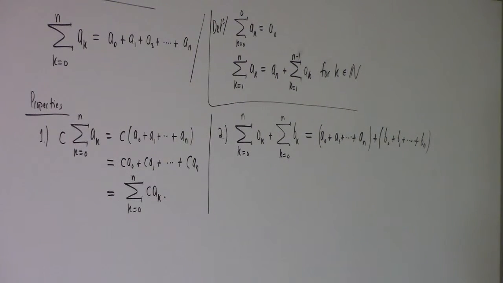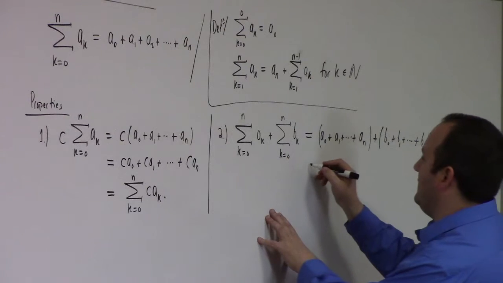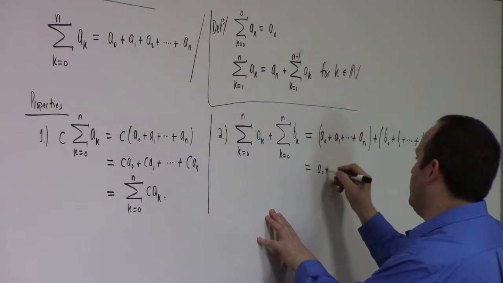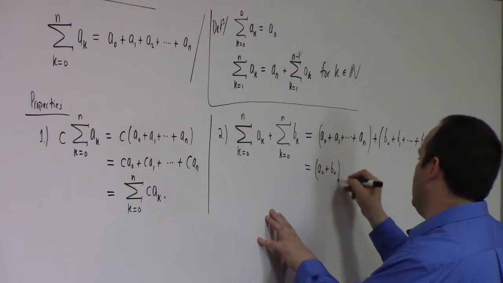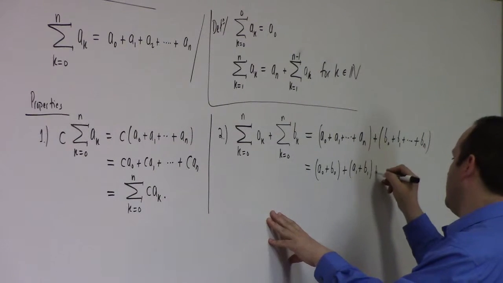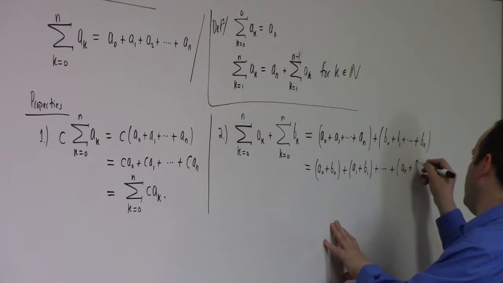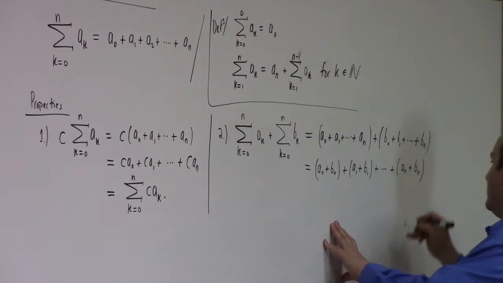And then what do? I mean, it's just finitely many terms, right? So you just regroup things. This is the same as a0 plus b0, parentheses, plus a1 plus b1, parentheses, plus da-da-da, plus an plus bn. Now the parentheses here I'm just adding for emphasis.